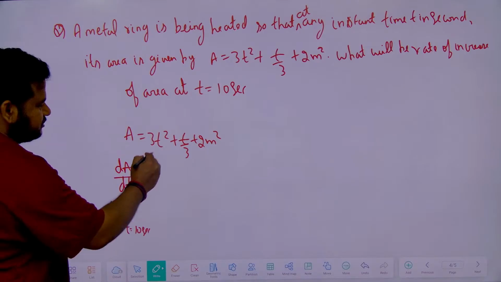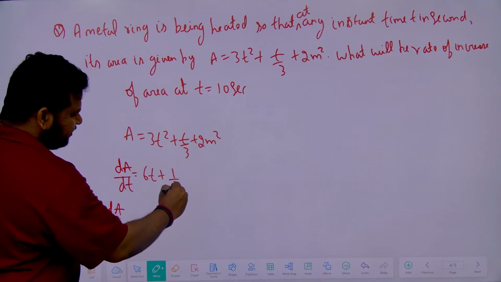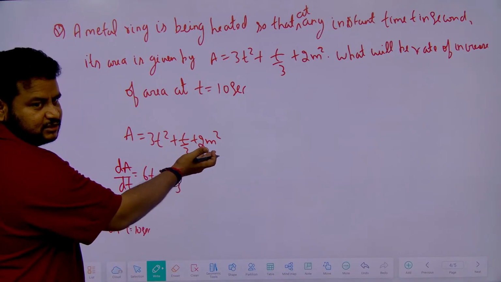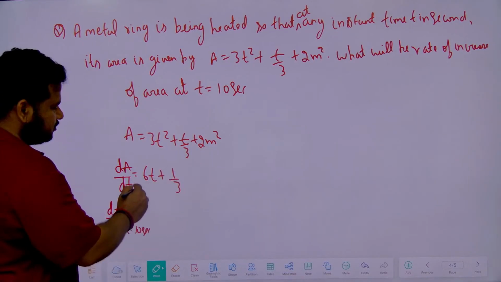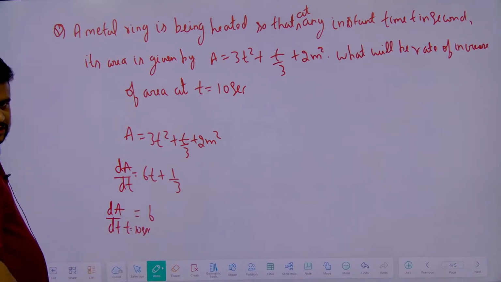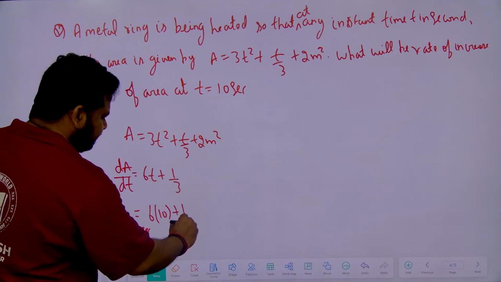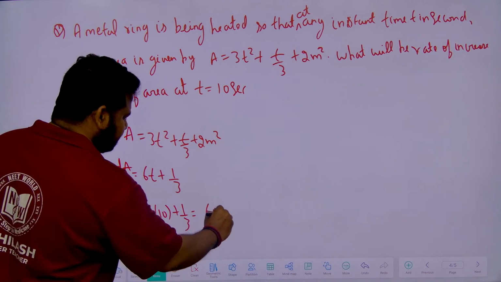So dA by dt will become 6t plus 1 by 3. This 2 m square has no t at all, so it is constant and its derivative will be 0. Now wherever t is there, I should put 10. So this will become 6 into 10 plus 1 by 3, that is 60 plus 1 by 3.